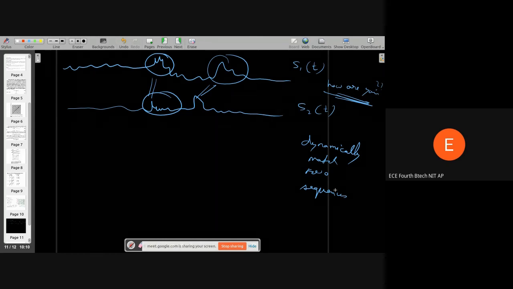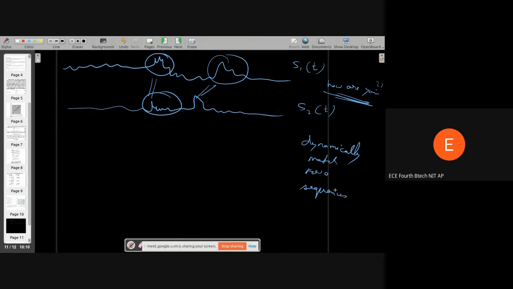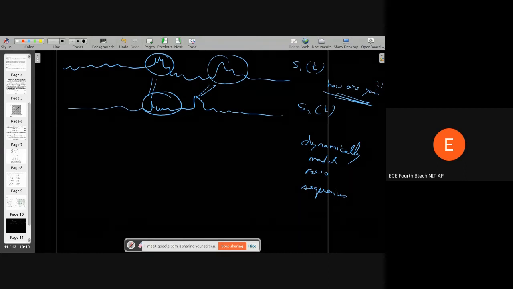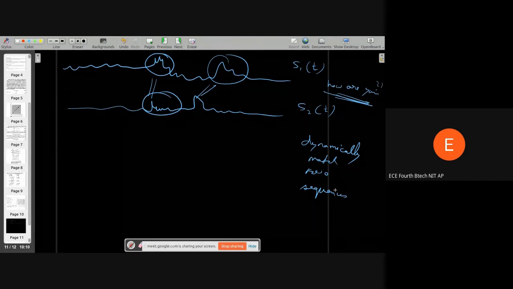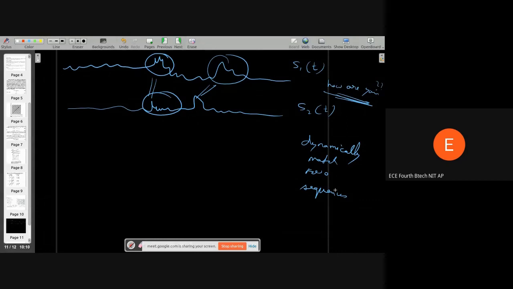So in case of speech, you saw in that video there were two curves, and point by point they were matching. We are not going to do point by point matching. One single speech signal, if it is an 8 kilohertz speech signal, that means 8,000 samples per second. You do not do that kind of thing. We will do frame by frame analysis. There will be frames of certain size and a frame shift. You'll shift the frame, generally 20 by 10, 50% overlap, or 75% overlap. It's up to you. But frames.